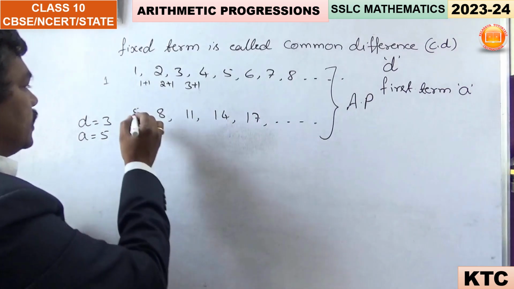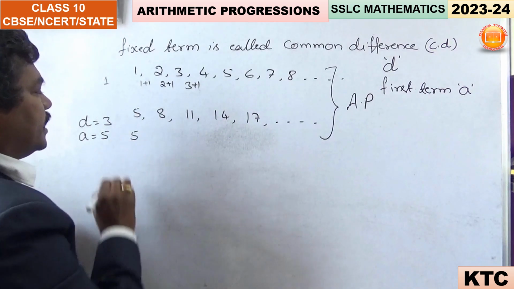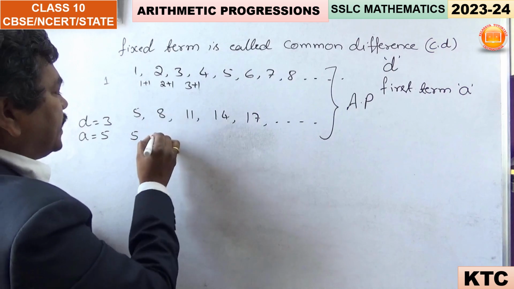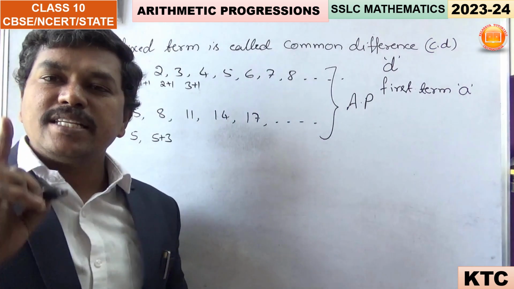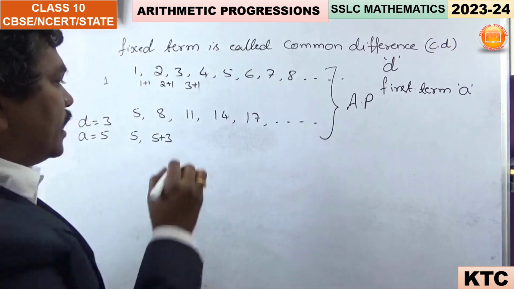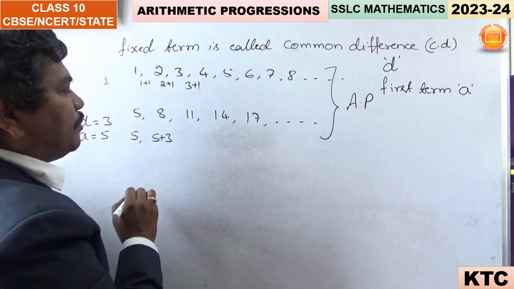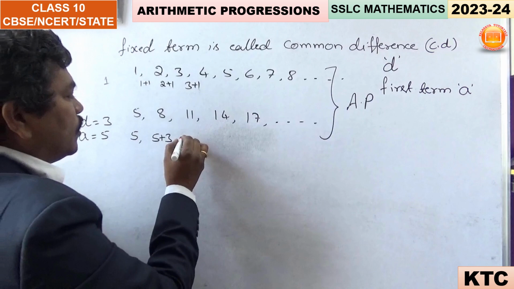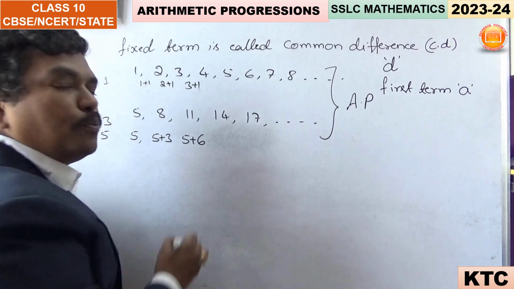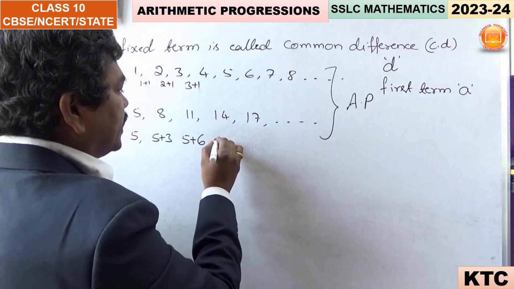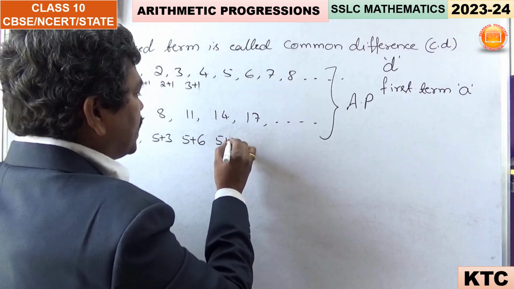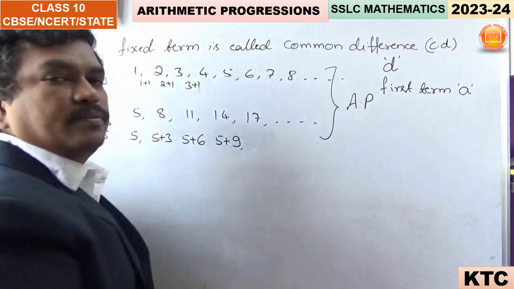Now I write the 5 as it is, and then 8 can be written as 5 plus 3. And this 11 can be written as 5 plus 6. And here 14 can be written as 5 plus 9.